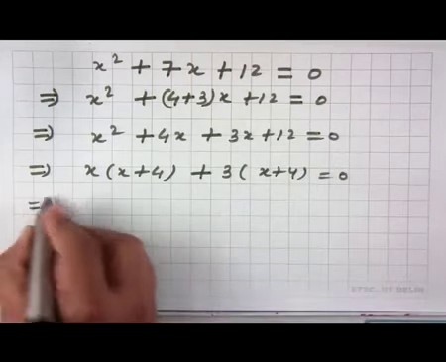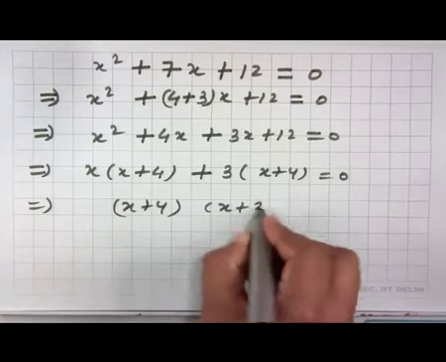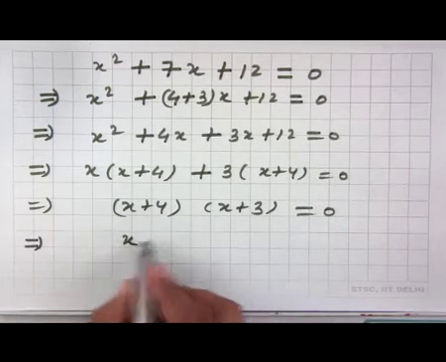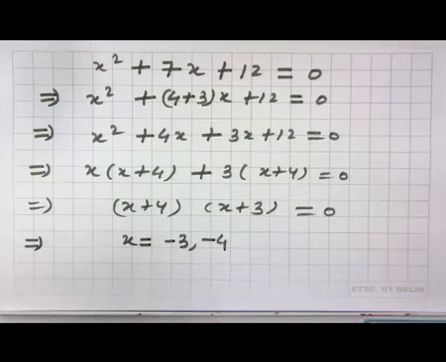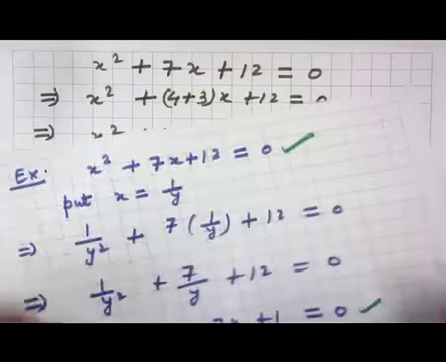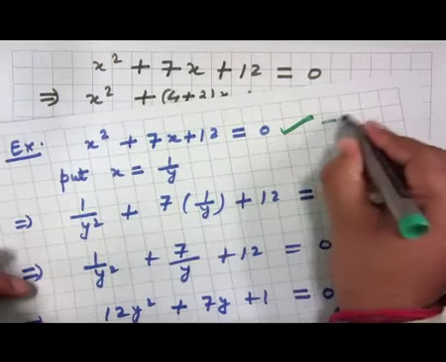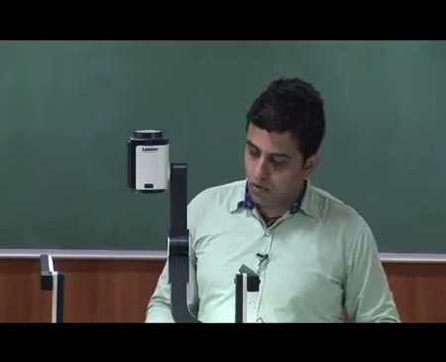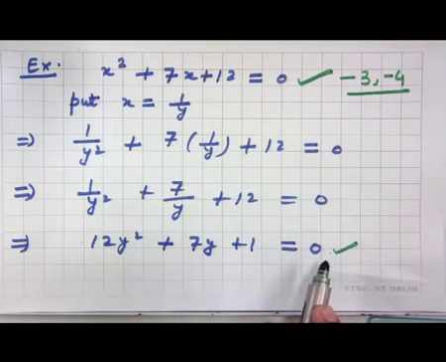It will be x plus 4 and x plus 3 equal 0. Now, the roots of this quadratic equation are minus 3 and minus 4. Now, we shall find the roots of the other quadratic equation. Its roots should be 1 upon minus 3 and 1 upon minus 4.